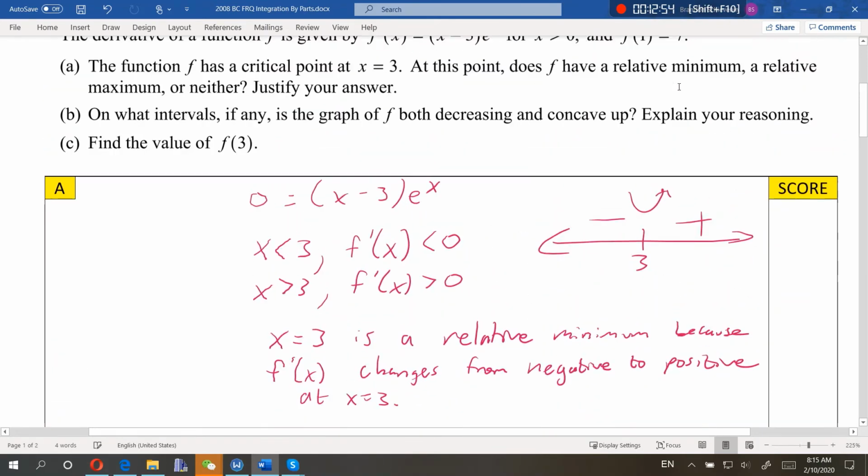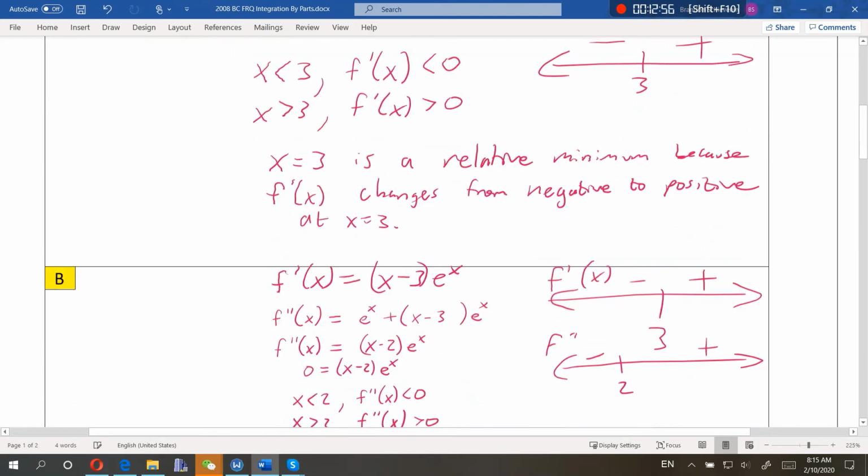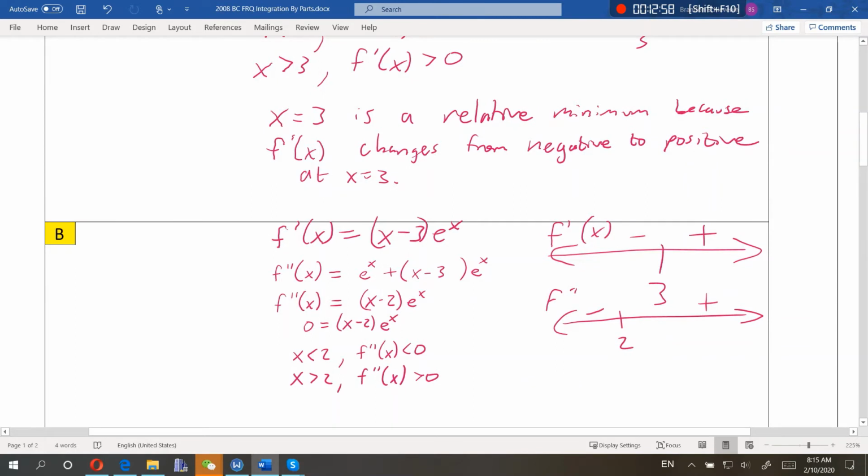Okay, so I wanted to know, where are we decreasing and concave up? Okay, so I am decreasing when x is less than 3, not included. And I am concave up when x is greater than 2.